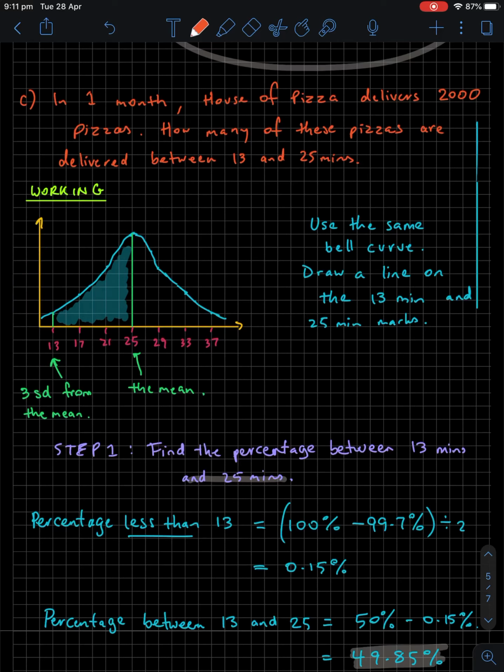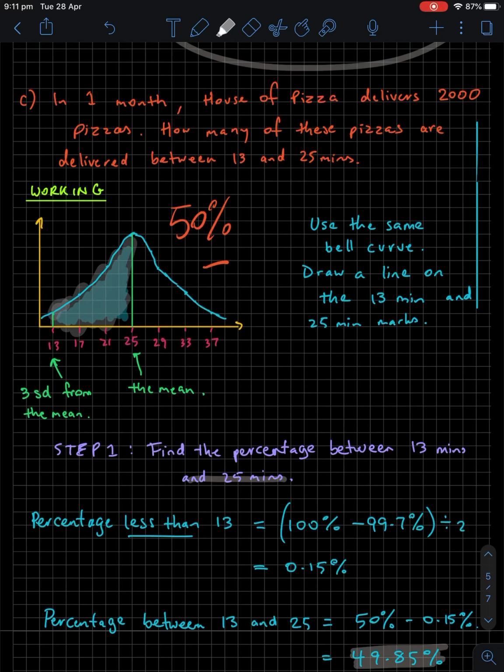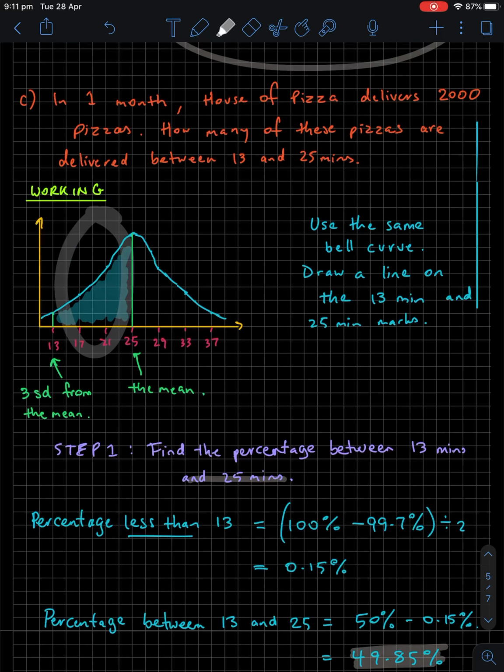If we can go 50% and take away this little section here, that gives us the percentage of what is shaded in here. So we want to figure out the percentage in this tiny little section and take it away from 50% to figure out exactly what's between 13 and 25.